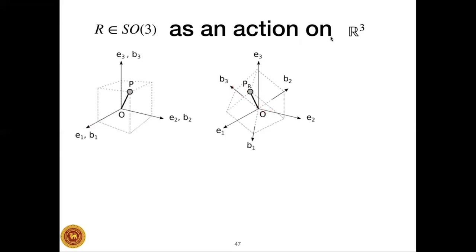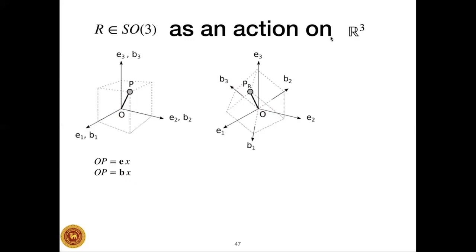If you rotate the whole box, and the B frame is also fixed to the box, then in the B frame this point remains fixed. Initially, if you represent the point P using the E frame, you have X: how much along E1, how much along E2, and how much along E3. Since the E and B frames initially coincide, the B frame representation of the point is also the same.